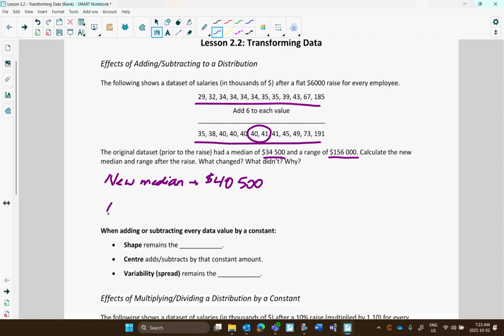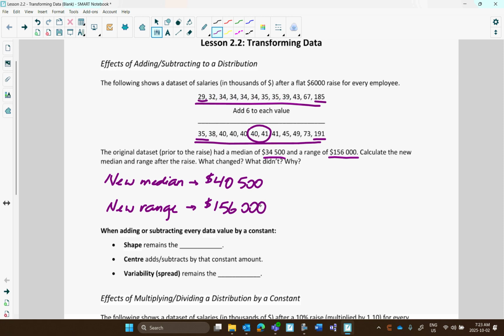If you calculate the range, well, the original range, if we took the maximum data value minus the minimum, we got 156. With the new distribution, if you take 191 minus 35, once again we get 156,000.